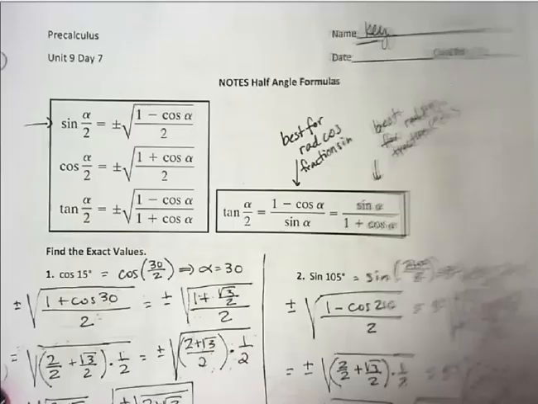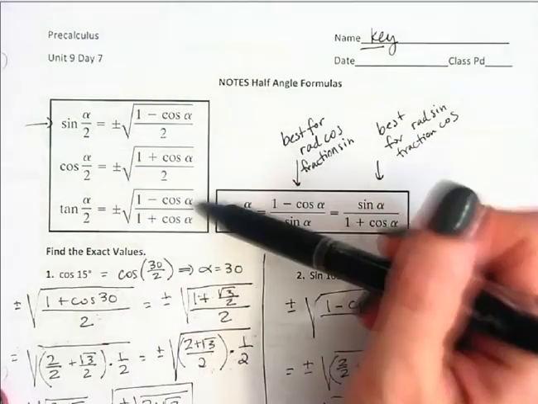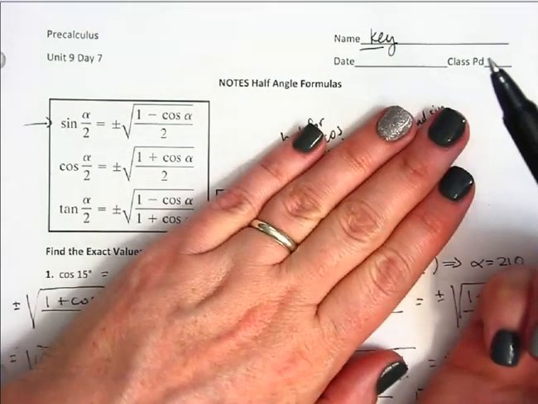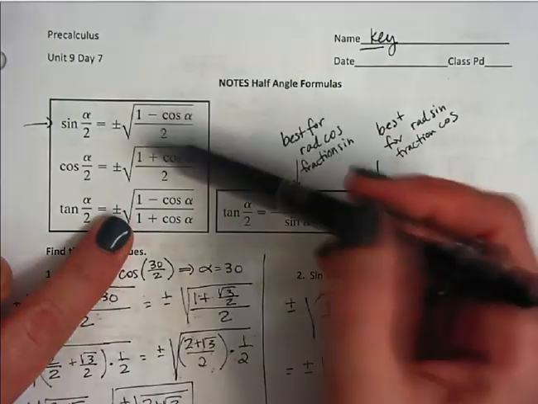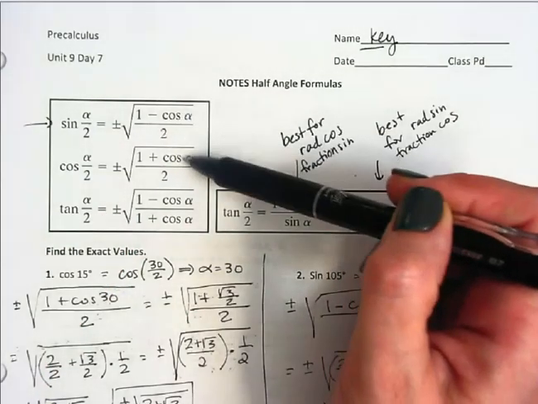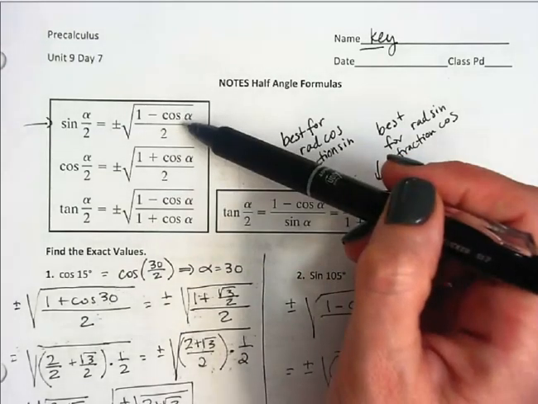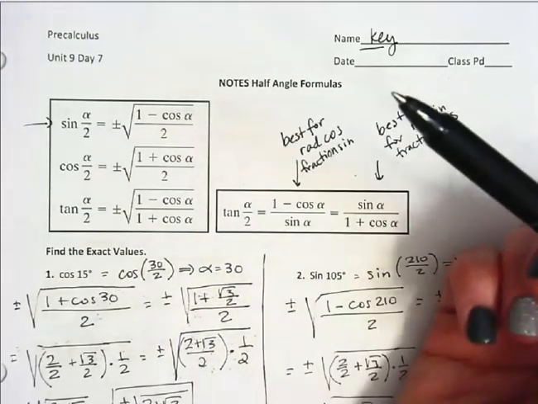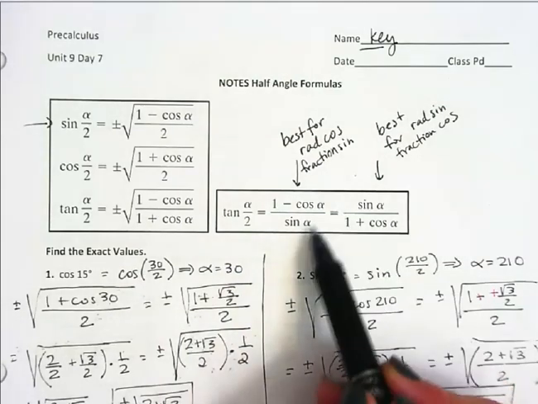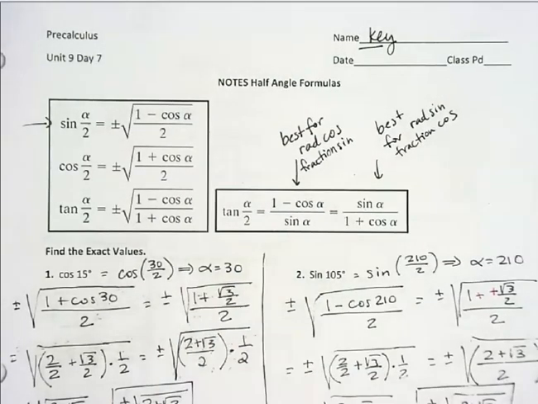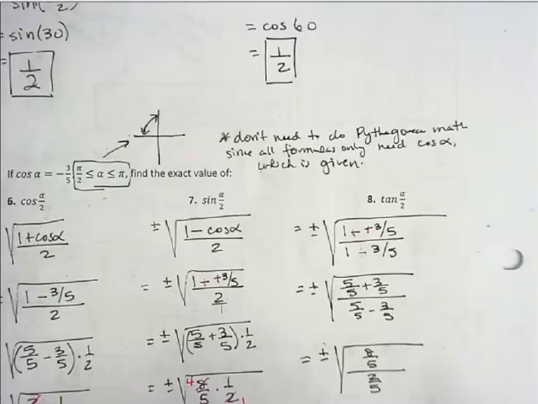And if you notice on these sine, cosine, tangent formulas, not these on the right, but these here on the left, for all of them, you only need the cosine value in order to evaluate the formula. So we actually have enough information. If we were to use these over here and we needed the sine value, we would have to do some triangle math.